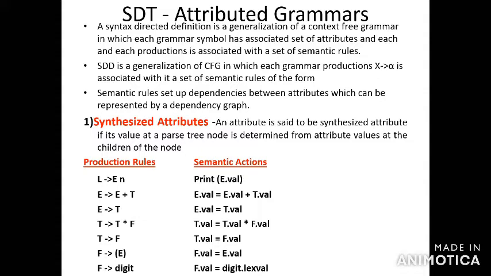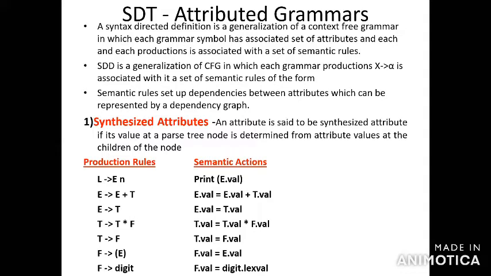So what is quadruple? Based on the given expression, you construct the 3 address code, with 2 operands and 1 operator. Quadruple has 4 fields: operator, argument 1, argument 2, and the last one is result.